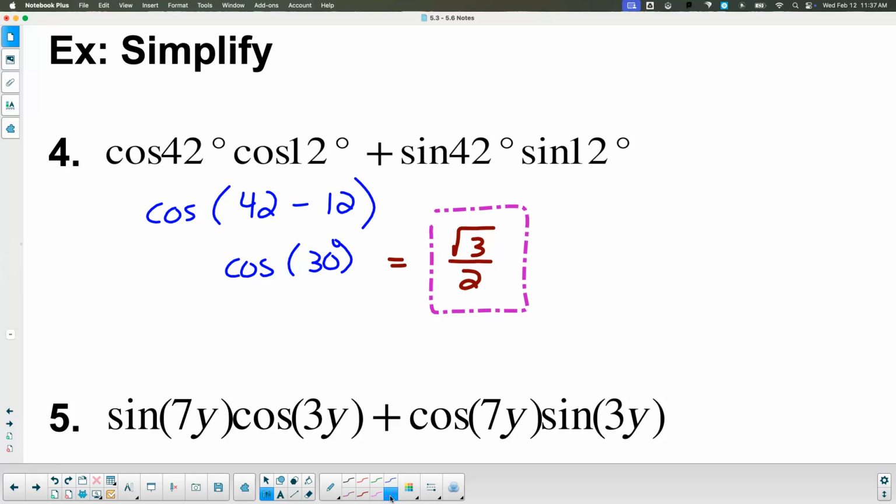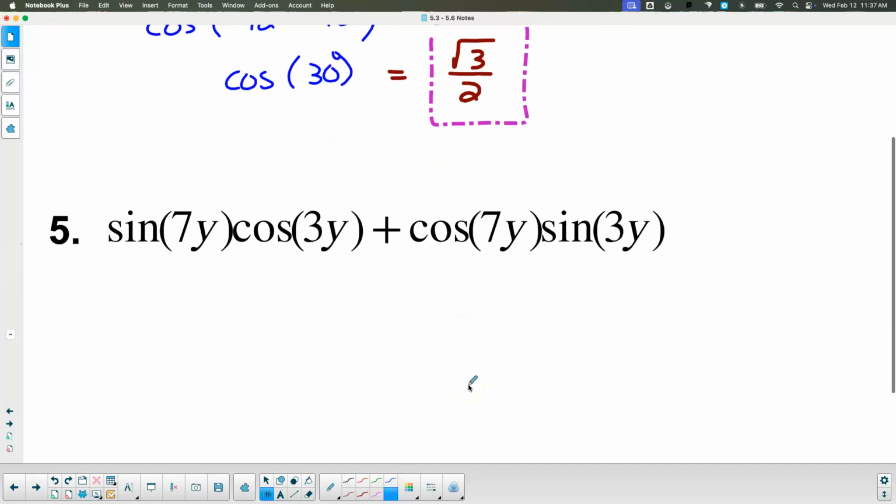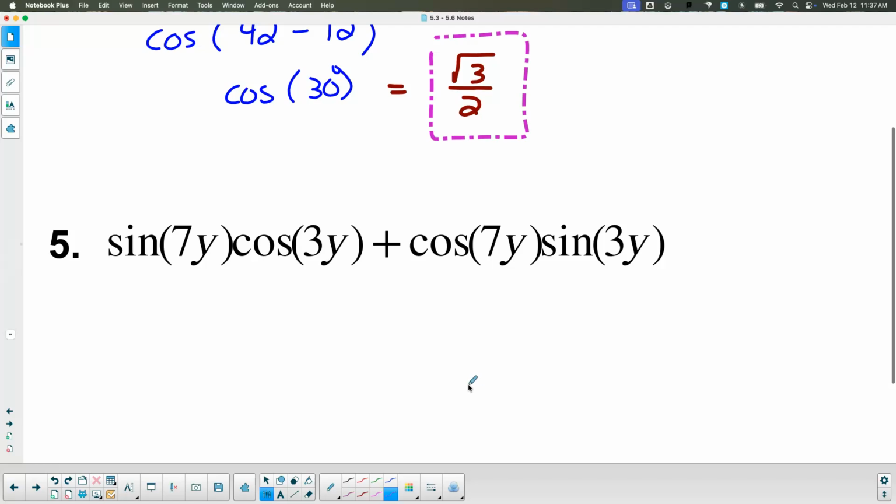Is it sine, cosine, or tangent? Sine. Okay. Is it sine plus or sine minus? Sine plus. What is the sine of 7y plus 3y? Sine of 10y?